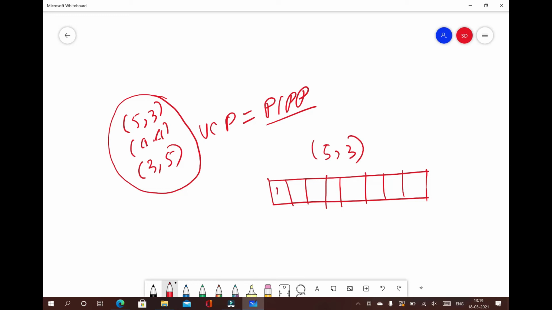Suppose this is a1 a1 a1 a1 and a1, and in the ideal case 3 a2 should be there, but as I said, it can deviate. Suppose it is deviating, and this is also a1 and this is also a1. This is allowed in PIPP.